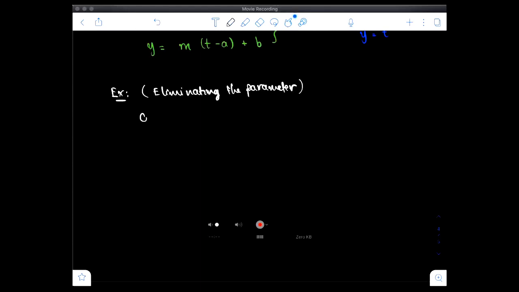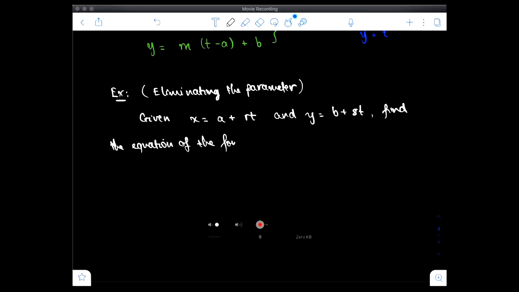Given x equals a plus r t and y equals b plus s t, find the equation of the form y equals f of x from the parametric equations.